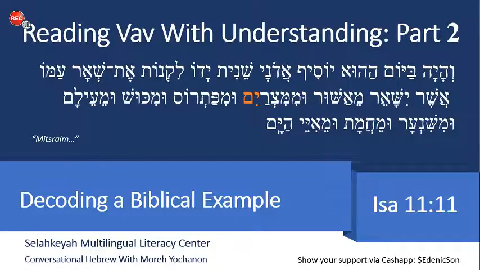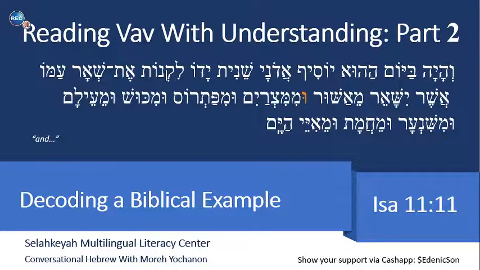When you see this suffix applied to the end of a word, it makes it plural, like applying the s to something in English. So Mitzrayim, we all know is Egypt. Okay, which shall be left from Assyria. Here's Assyria, Ashur, and from Mitzrayim.